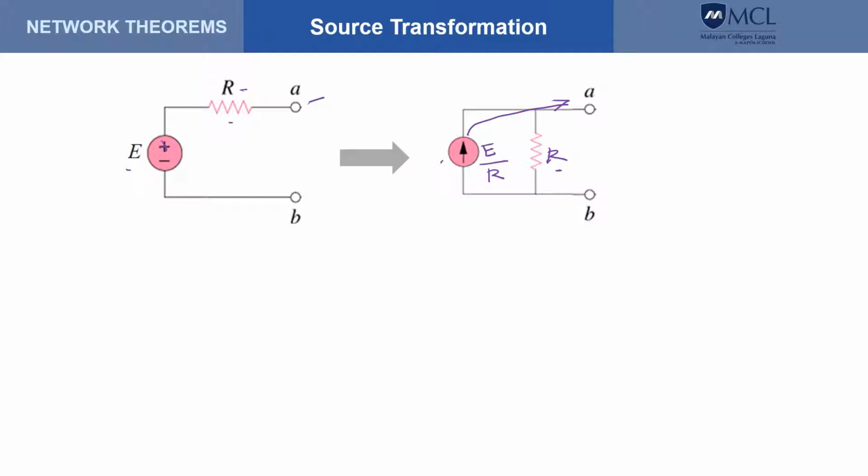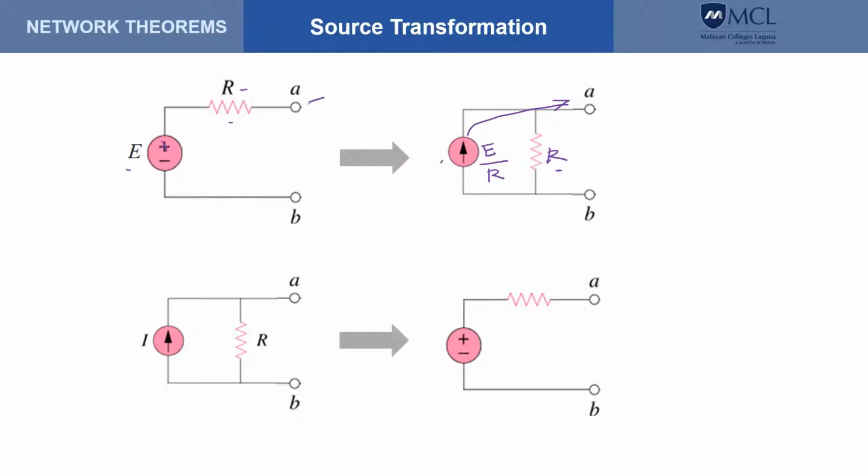In the same manner, if we have a current source that is in parallel with a resistance, that configuration can be converted into a voltage source that is in series with a resistance, where the voltage is equal to IR, and this resistance is also equal to R. So this one is simply a copy of this one.